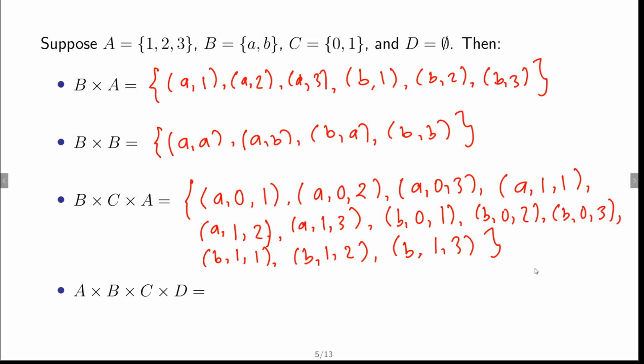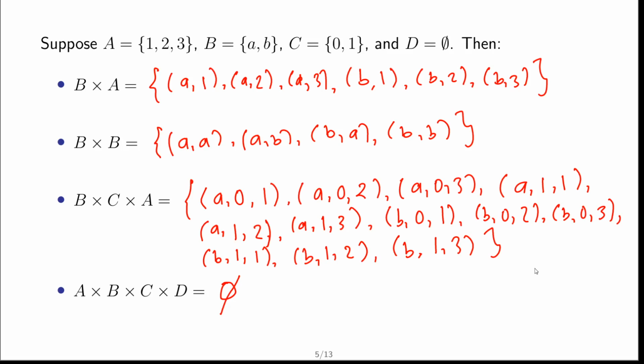So therefore, A times B times C times D consists of no 4-tuples, or in other words, it is simply the empty set. So how about it? Did you check your answer? Hopefully everything is correct.